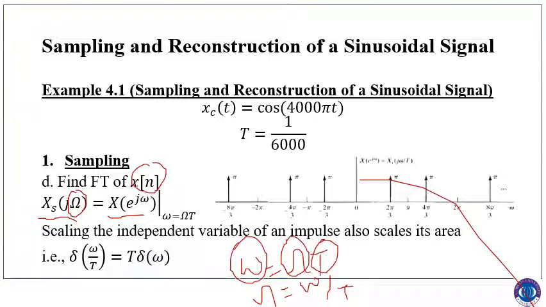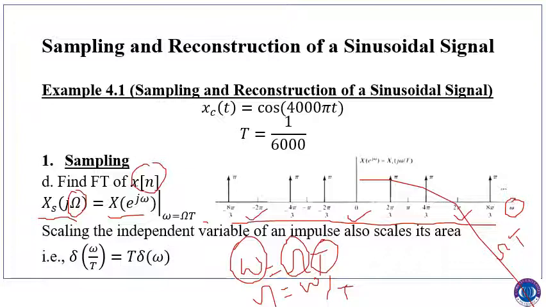You see here, this is exactly the same Fourier transform which we obtained in the previous slide. Here the axis was capital omega, so we multiplied it with T. When you multiply it with T, you get these values. This is the copy at 0, this is the copy at 2π, this is the copy at minus 2π, and the next copies will be at 4π, 6π, 8π.